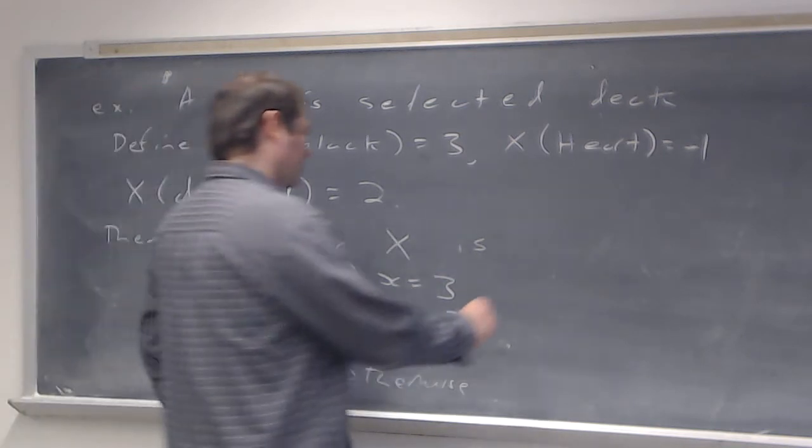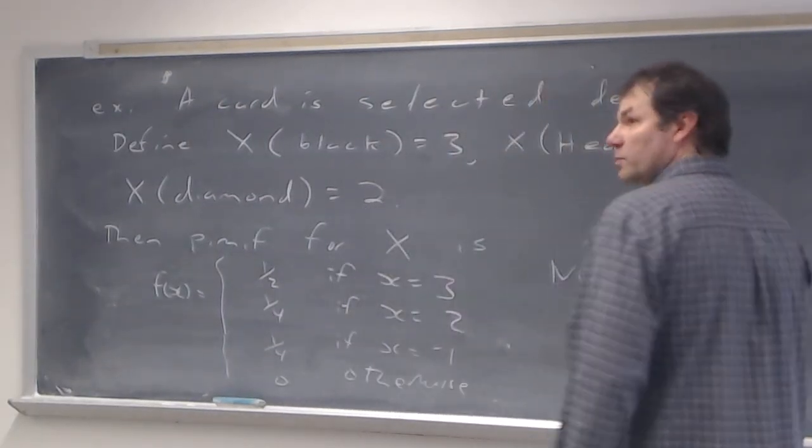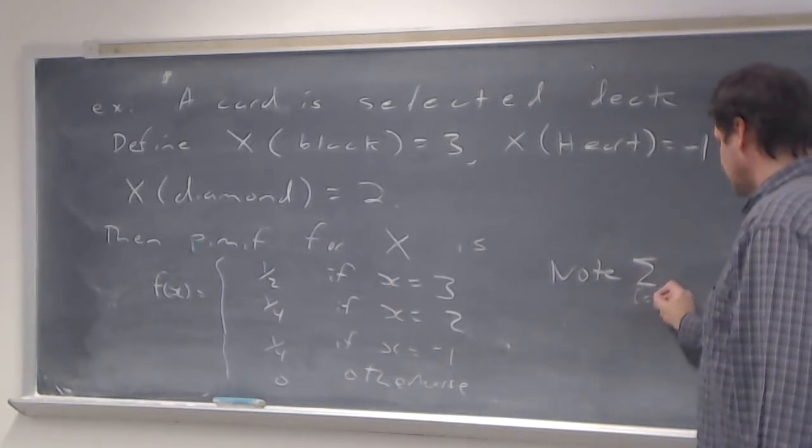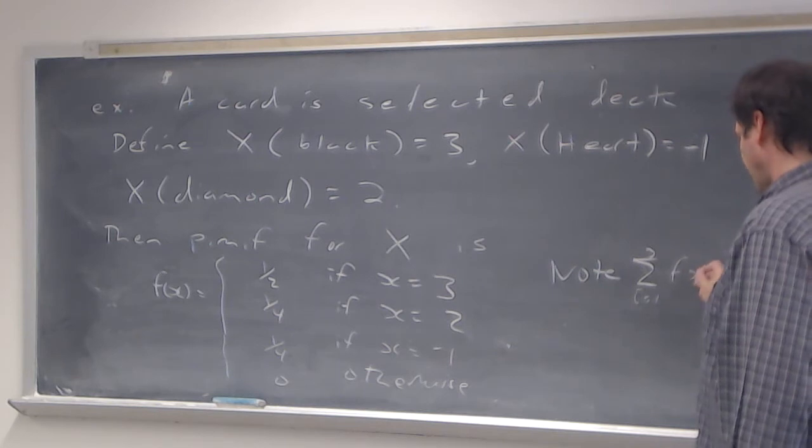Here's what you should note. The sum as i runs from 1 to 3 of f of x of i.